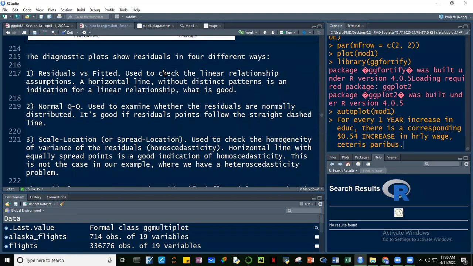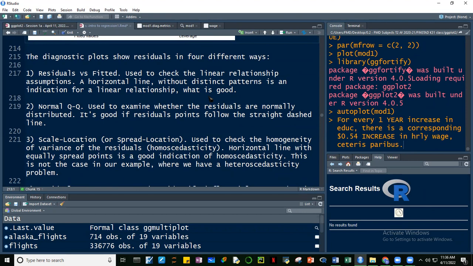Okay, so meron ako ditong konting discussion guys. In plot number 1, it's the residuals against the fitted values. So ano sinabi natin? It's used to check linear relationship assumptions. A horizontal line without distinct patterns is an indication for a linear relationship, which is good.